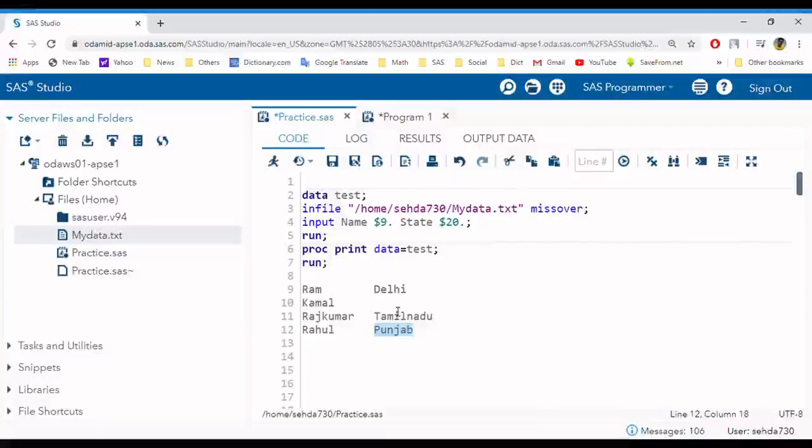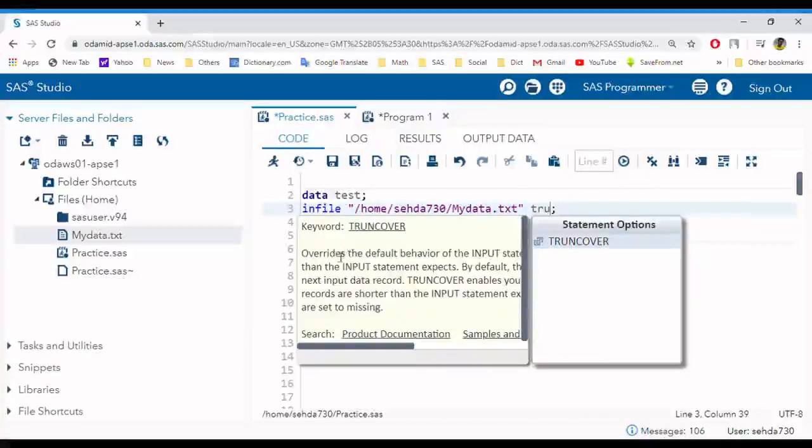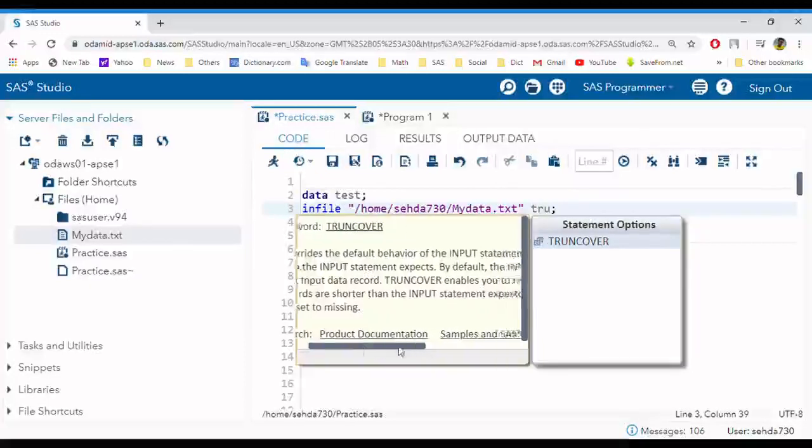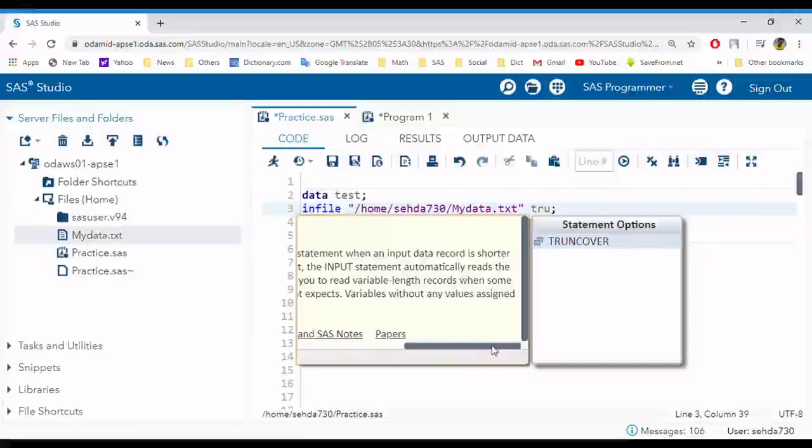If the length is shorter than what we are expecting, that is the default behavior of SAS, that it will not read that. So to overcome that, Truncover actually comes into the picture. Let's read what Truncover actually does. Okay, it overrides the default behavior of the input statement when an input record is shorter.